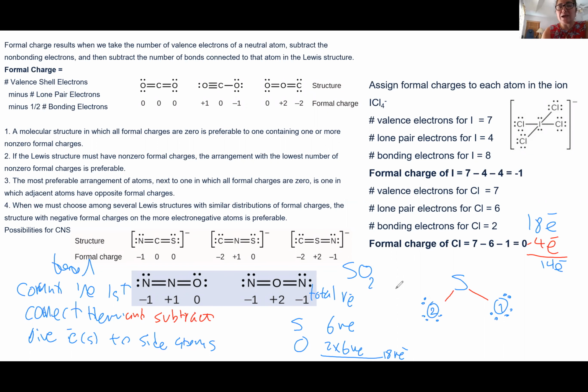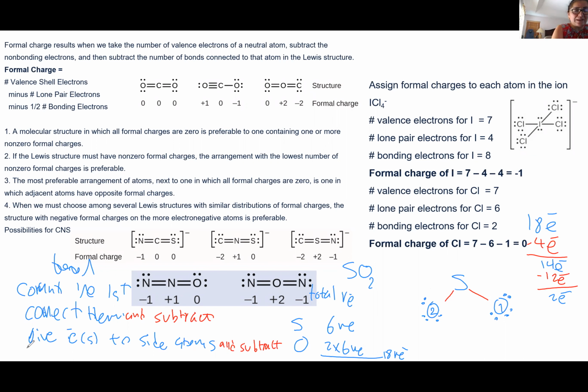So after I say give electrons to the side atoms, then I should say and subtract. How many should I subtract here? 12 electrons. Why did I subtract 12 electrons? Because I gave 6 to oxygen 1 and 6 to oxygen 2. How many are left? 2 electrons. What should I do with that?